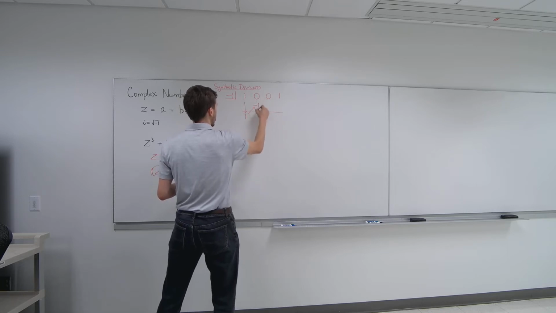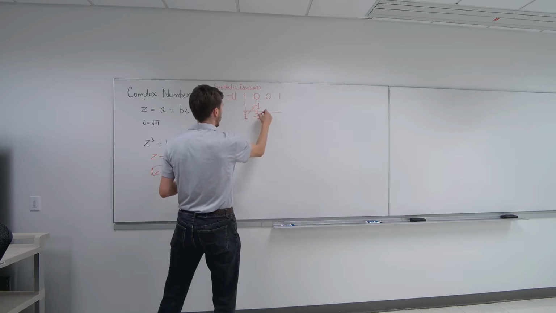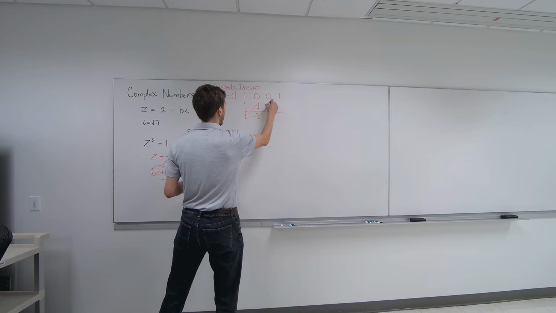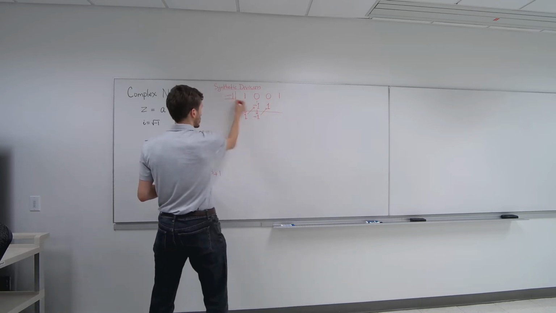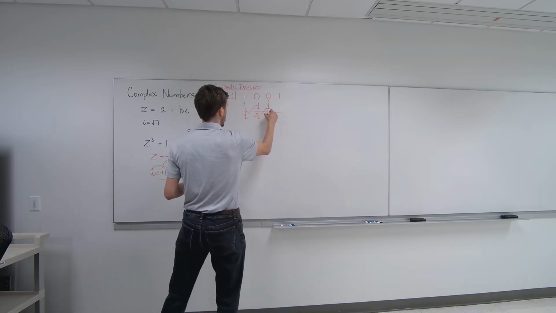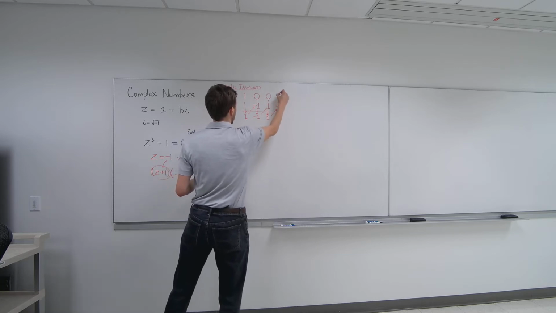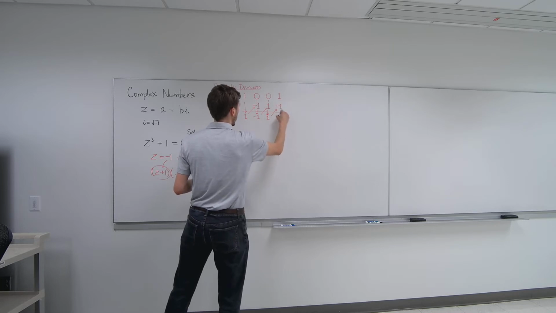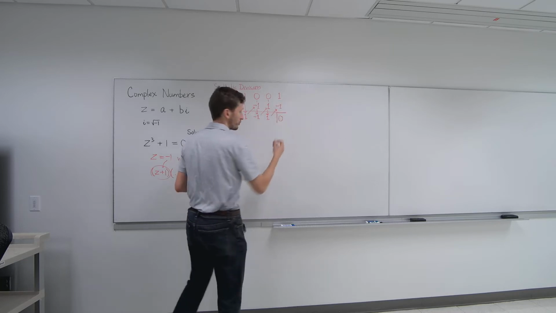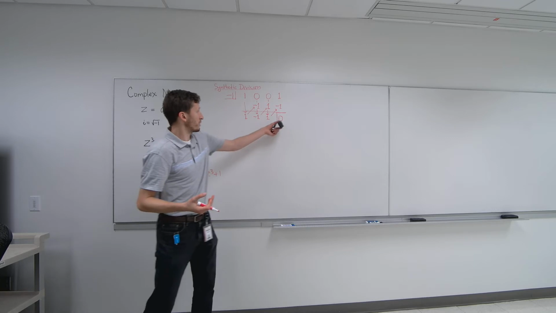It's exactly -1. Now multiply this by -1. You get a 1, because -1 times -1 is 1. Add these up, 0 plus 1, you get a 1. Multiply by -1, you get a -1. And add these up, you get a 0. We expected the remainder to be 0.